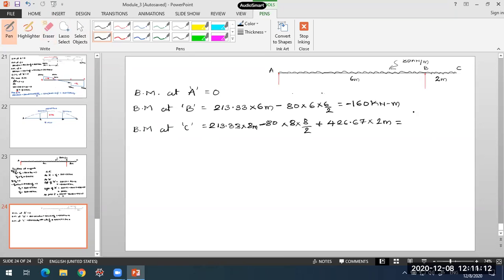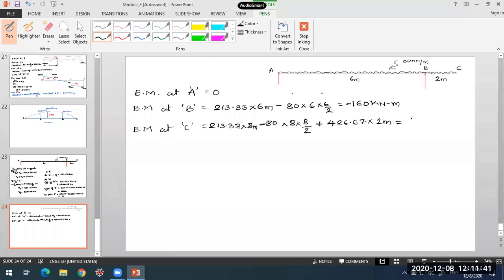Check once again. 80 into 8 into 8 by 2, correct? Minus 0.02.